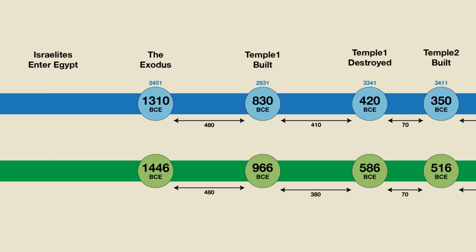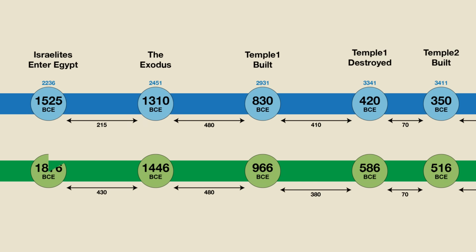So when it comes to the date for the Israelites' arrival in Egypt, the Jewish calendar goes with 215 years before the Exodus, resulting in 1525 BCE, whereas many Christian literalists go with the full 430 years, resulting in 1877 BCE.